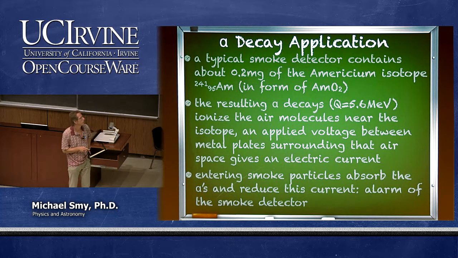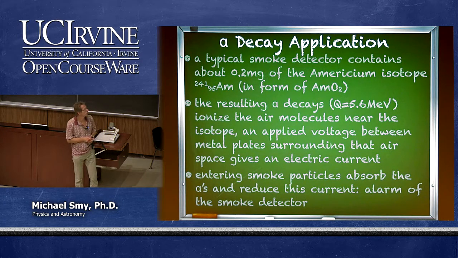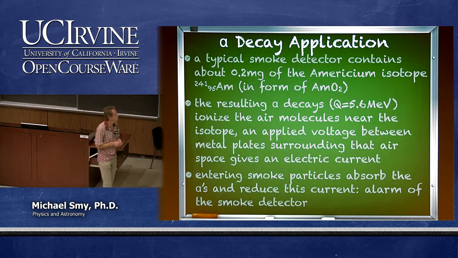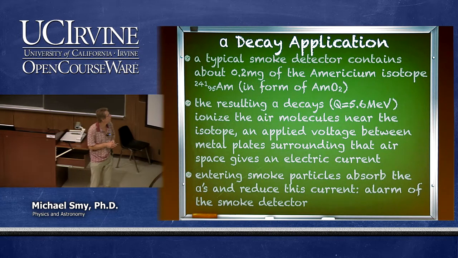So it has Q value of 5.6 MeV. And the resulting alpha particles, they ionize the air molecules near the isotope. And once you ionize the air, it becomes partially conducting. So if you surround that air volume with some metal plates and apply a voltage, then you get an electric current because the air doesn't isolate perfectly anymore.